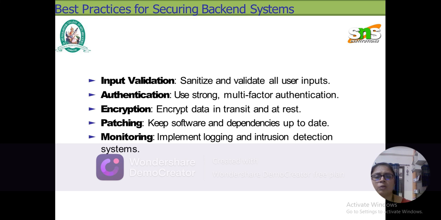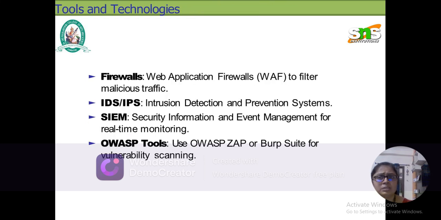For monitoring, implement logging and an intrusion detection system. Whoever is using the software or applications, as any intrusion happens, it has to be monitored via software. What tools can be used? Firewalls, which are a gateway to filter the traffic.